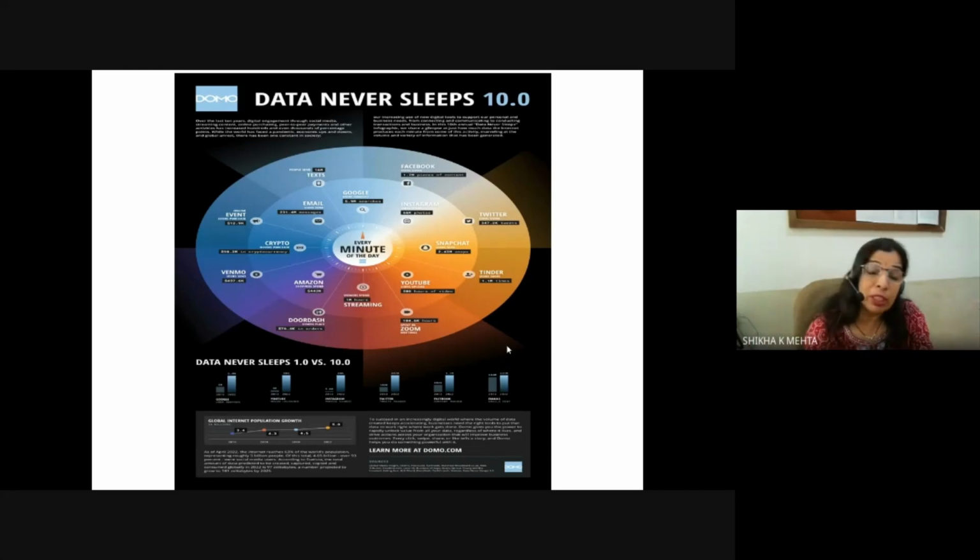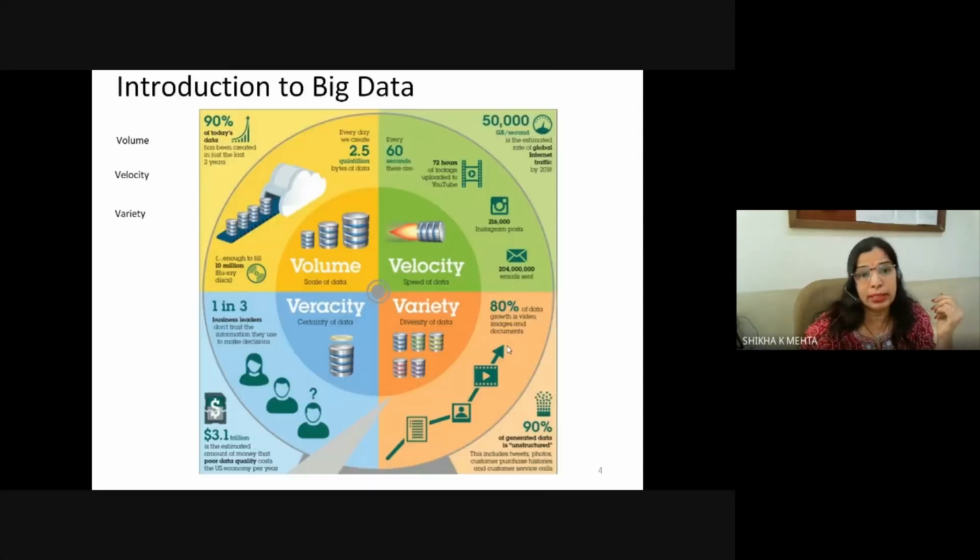At that point, we can give them certain recommendations, pass on messages, or offer whatever offers are available. So how to deal with data that is growing at such a fast pace? This is another challenge for businesses.